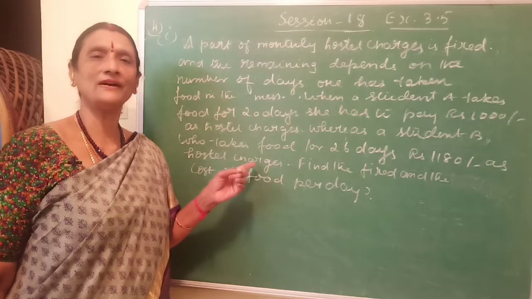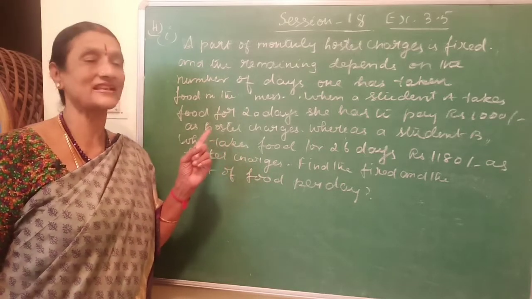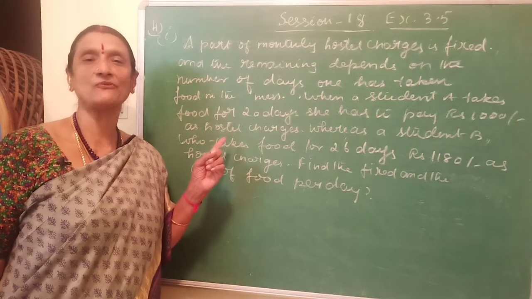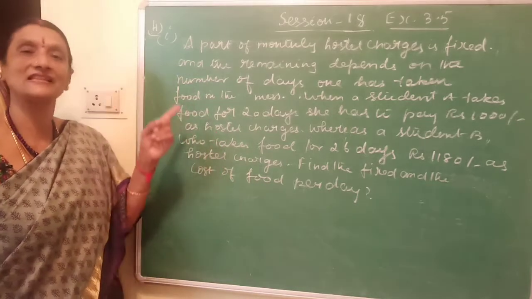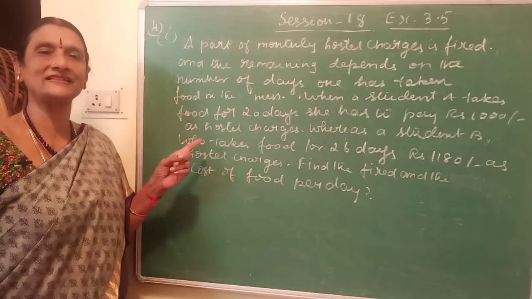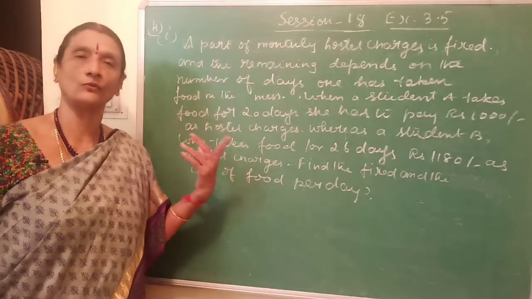Now, do you remember more or less the same type of sum we did in last session, that is in exercise 3.4, that was about the calculation of taxi fare for some rides, isn't it? So this is more or less the same as this. Here the question states that you have to arrive at the equations and solve in your own way.